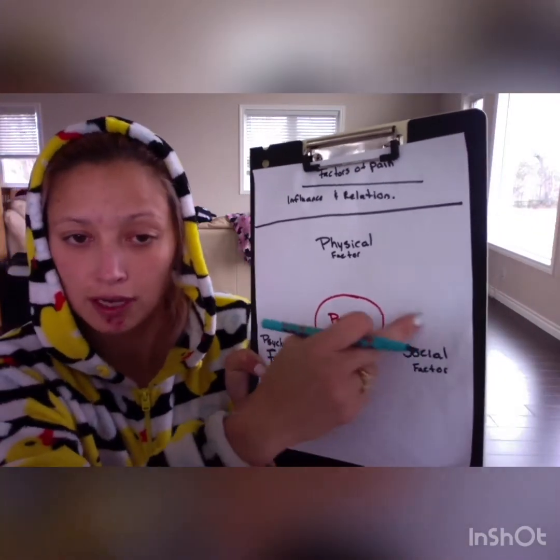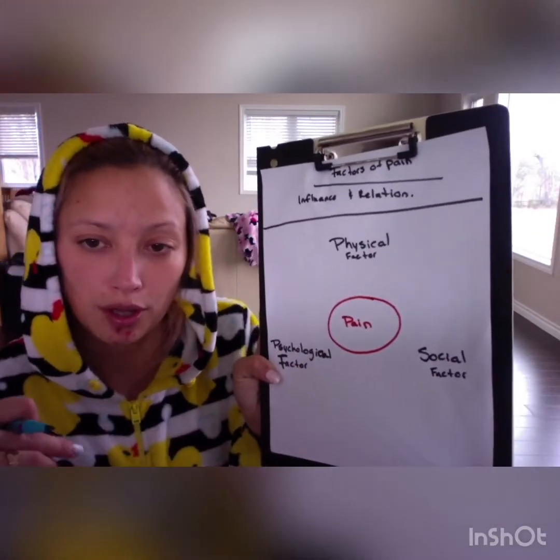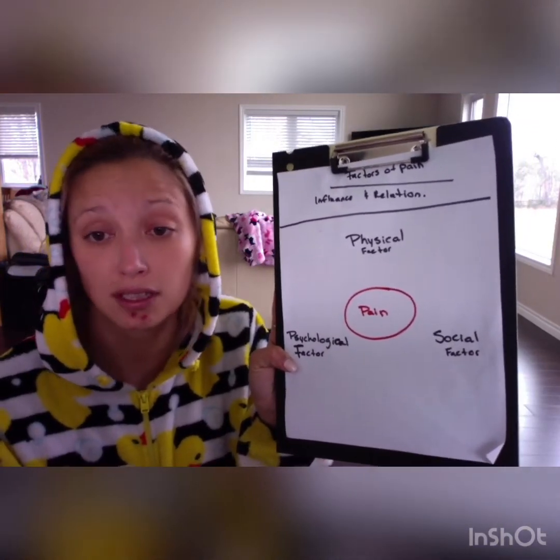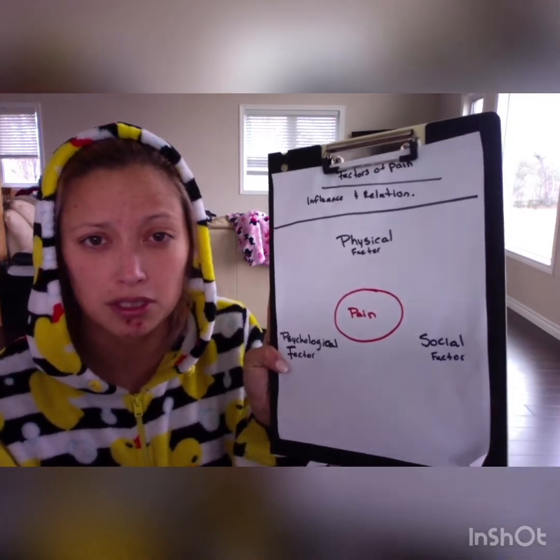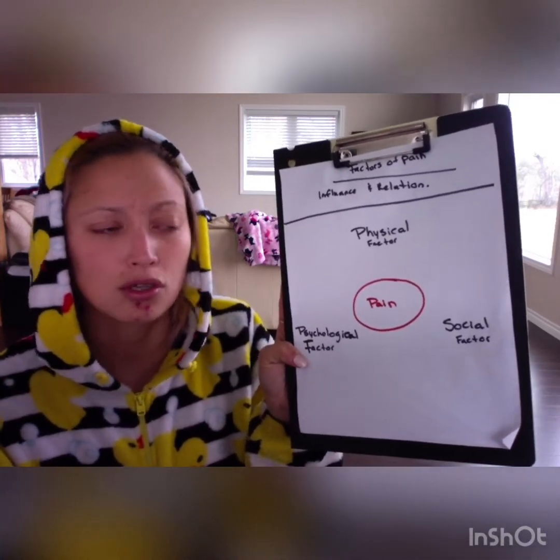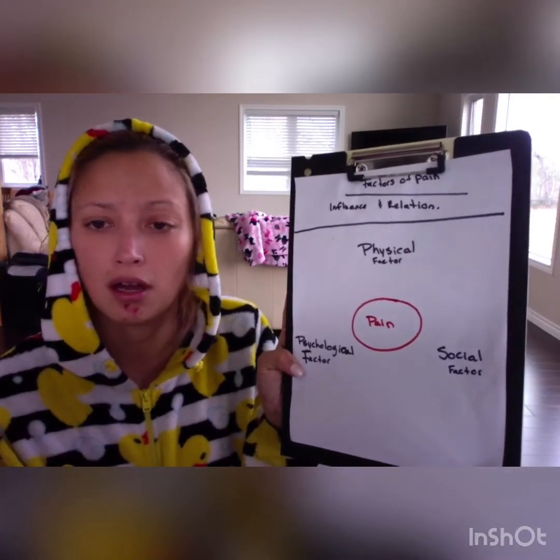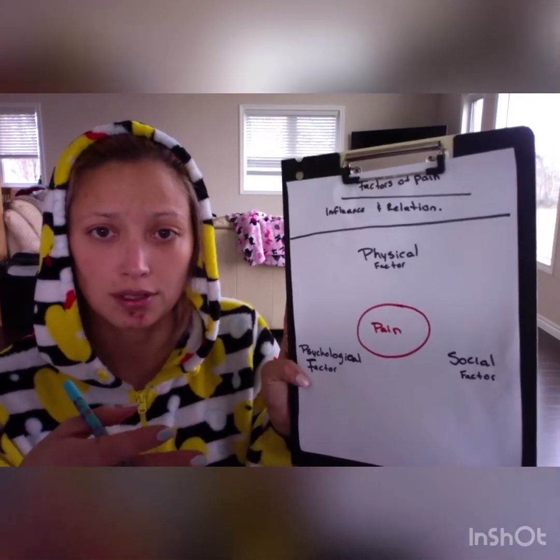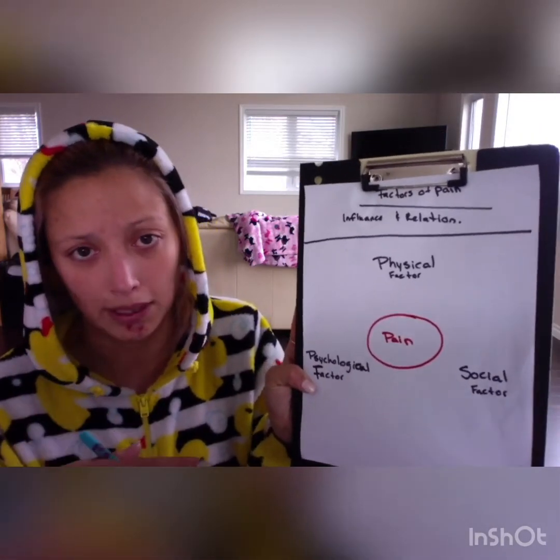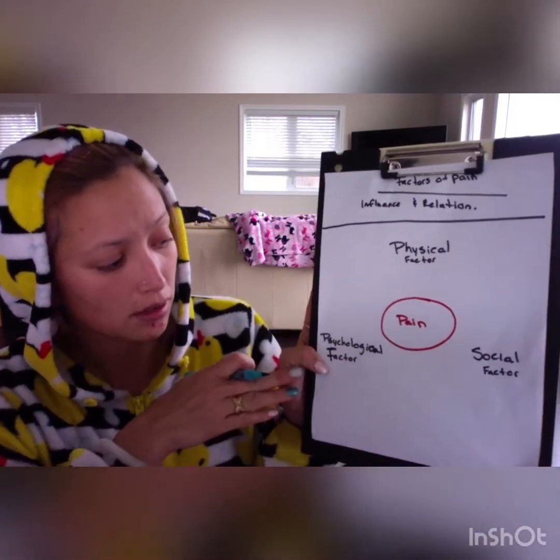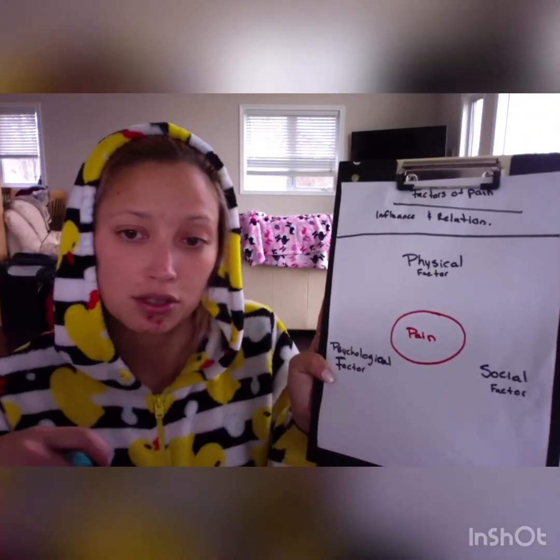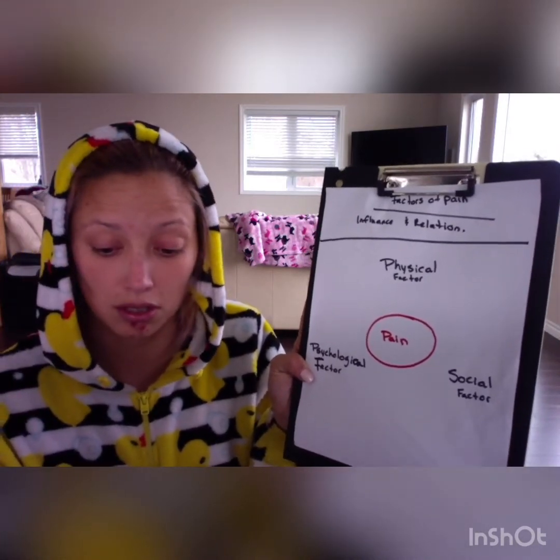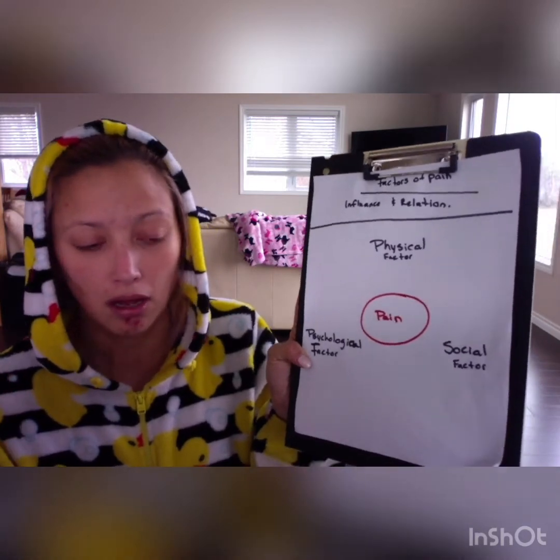You have the social factor, which has to do with social gatherings, having to or feeling like you have to be there for some reason. Socially, it could even be not laying in bed when you should, and sitting out with your husband watching a TV show when you should be laying down. That would fall under social factors. Psychological factors could be that having the pain creates depression.